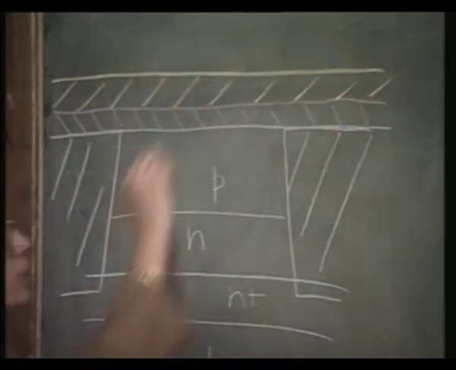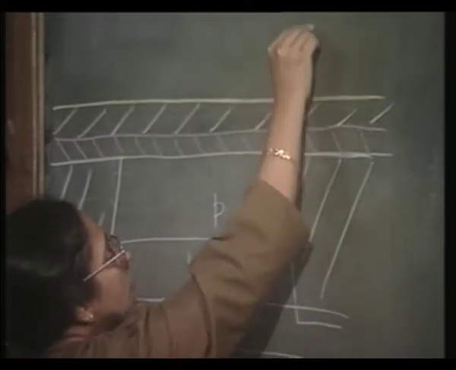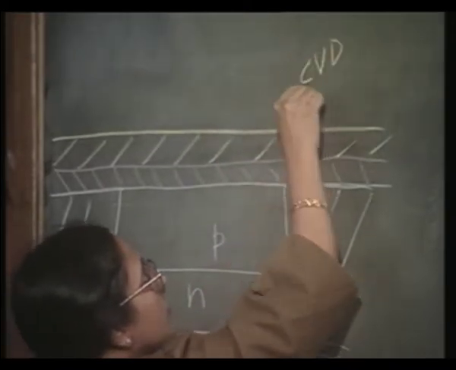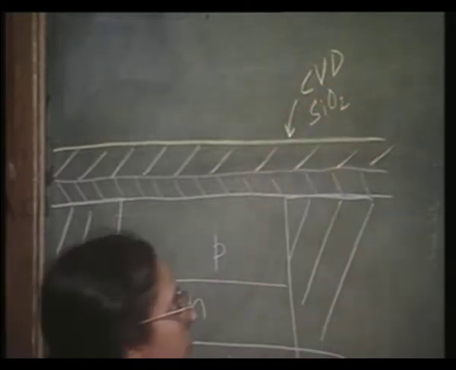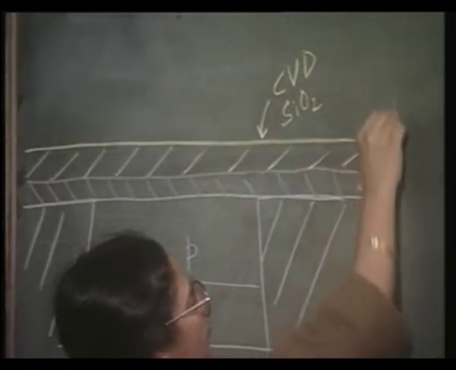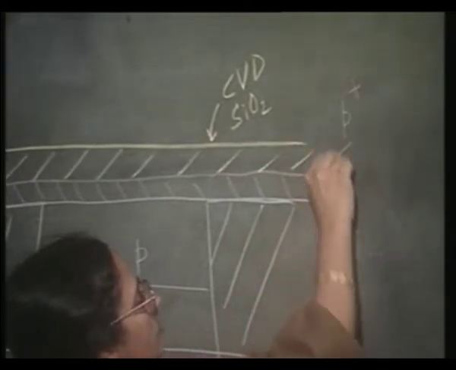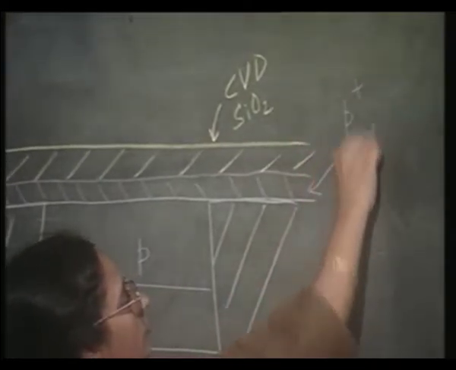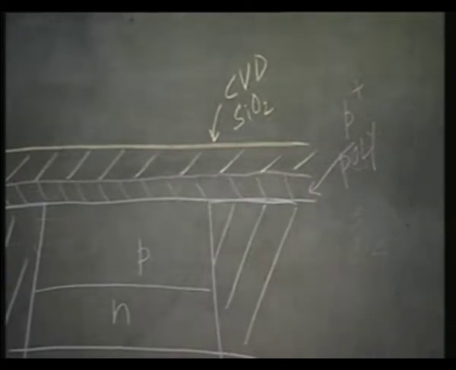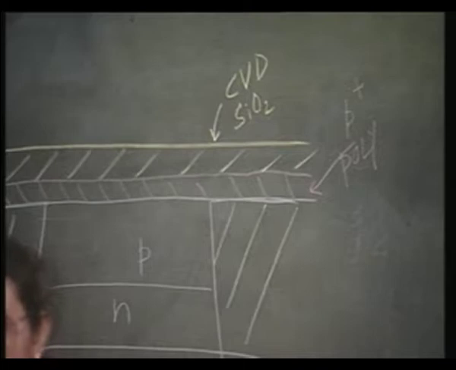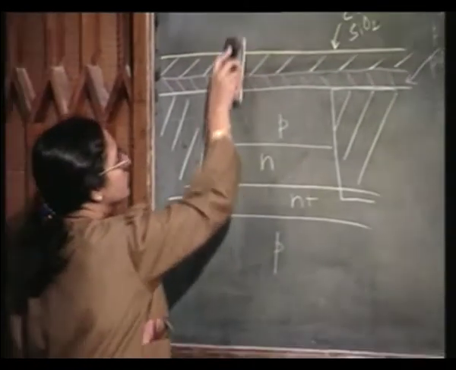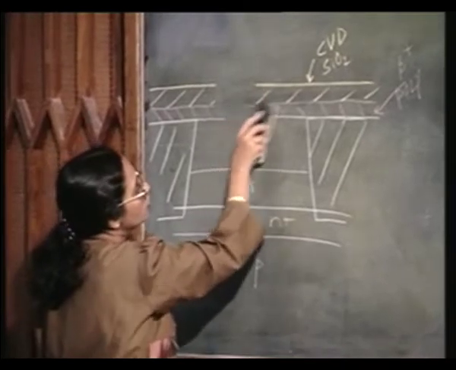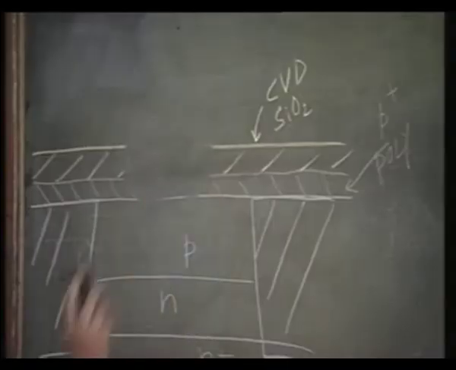So, the yellow layer is next you remove it from certain portions.